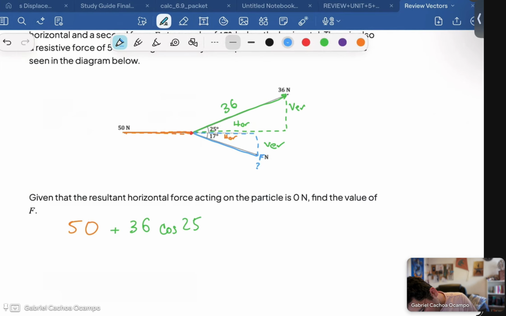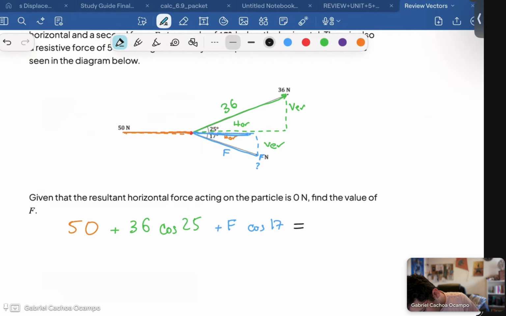And then to find the other adjacent leg from the blue triangle, this is F, it has a length of F, and it has an angle of 17. To find this side, you need to find the adjacent side, you need cosine, and this adds up to 0.